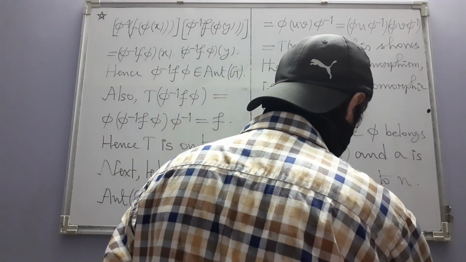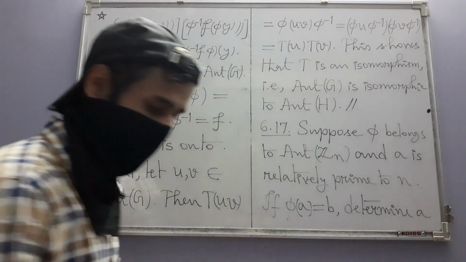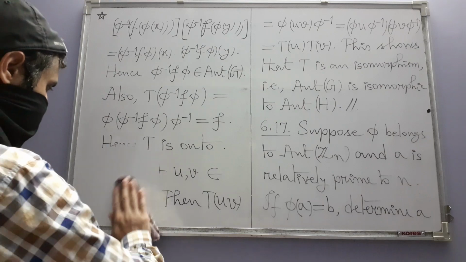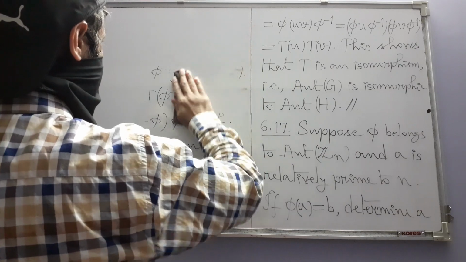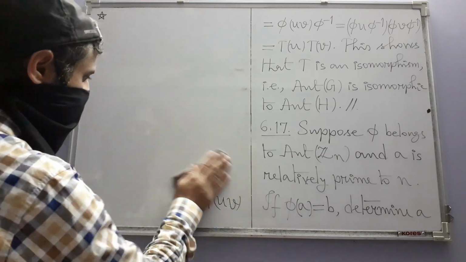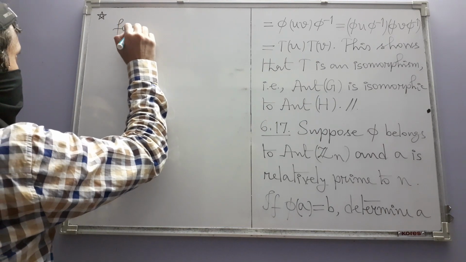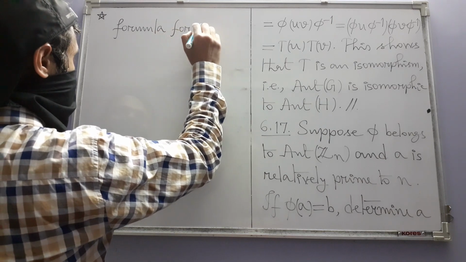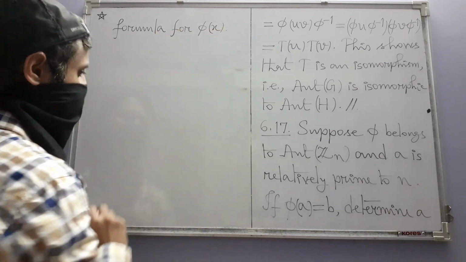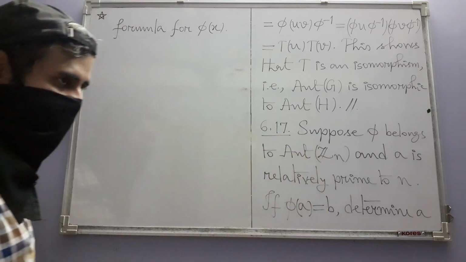Determine a formula for phi of x, where x is any element of Zn.